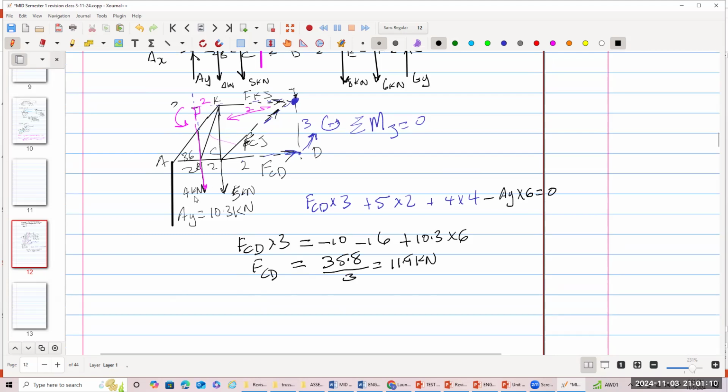So you only have 3 global forces in your problem. Then use your equilibrium equations and solve it. That's as easy as it. You understand what I'm saying?